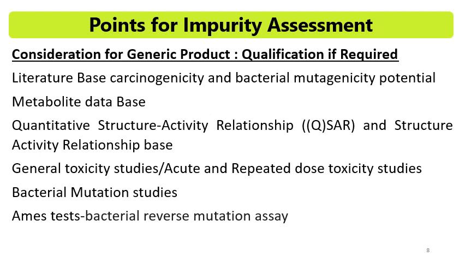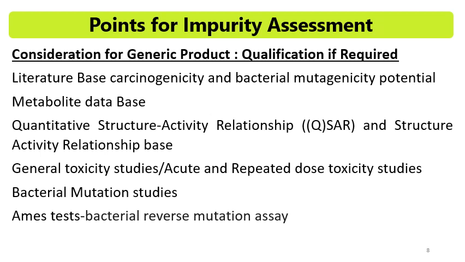Then QSAR relationships can be studied, and the models can be selected which are fitting for that molecule. The model fit is required to be determined. So based on the QSAR and structure activity relationship, the impurities can be qualified.